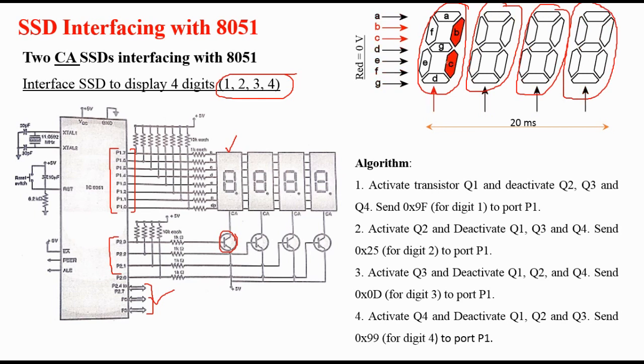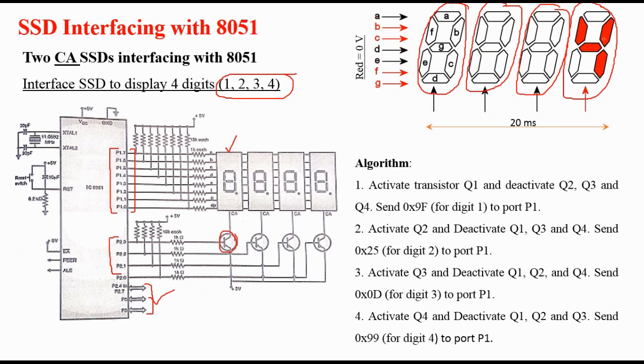Here in this animation you can see 1 is getting displayed, after that it will vanish, then 2 will get displayed, and after that 3 will get displayed. When a single digit gets displayed, the other digits will remain 0, or inactive. We want this display to show 1, 2, 3, 4 continuously without any break.